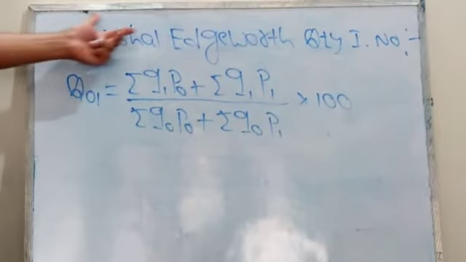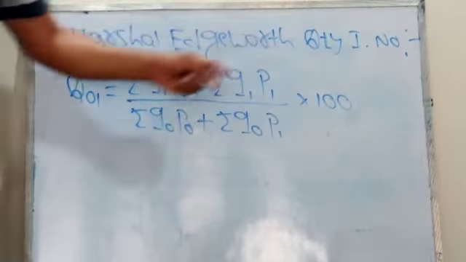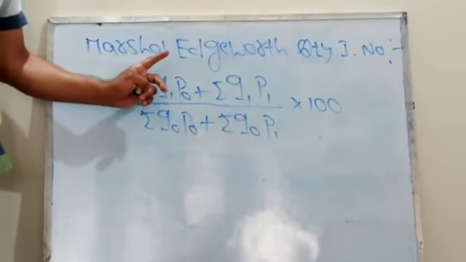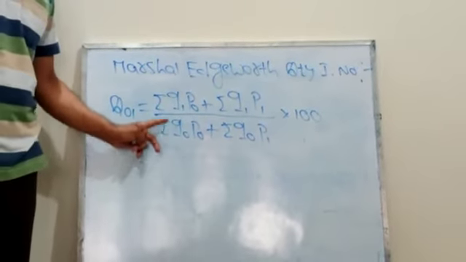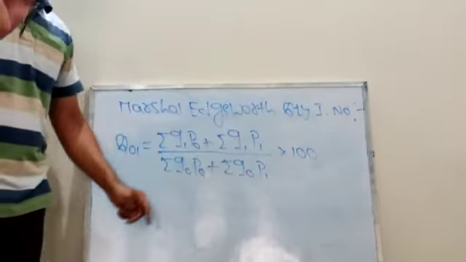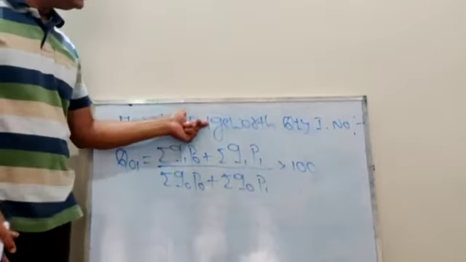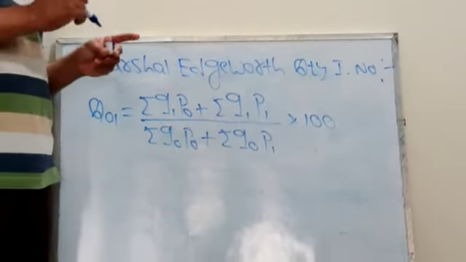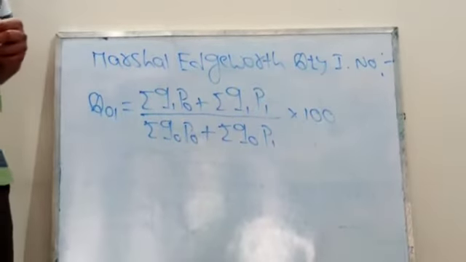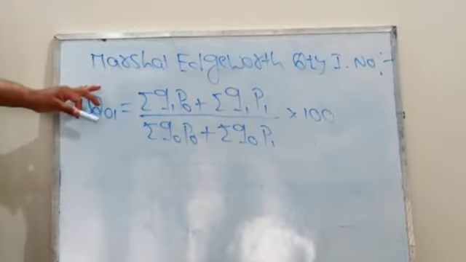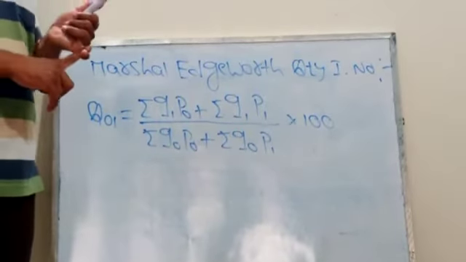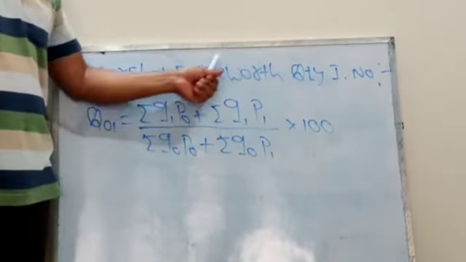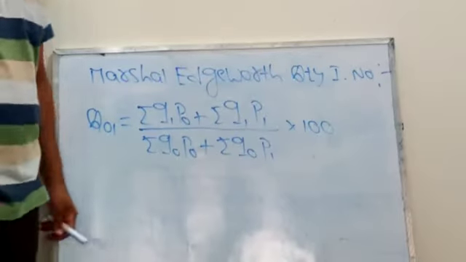Here the weights are assigned as base year and current year prices, same as in Fisher's price index number. This is about weighted aggregative quantity index numbers: Laspeyres, Paasche's, Fisher's and Marshall-Edgeworth quantity index numbers.